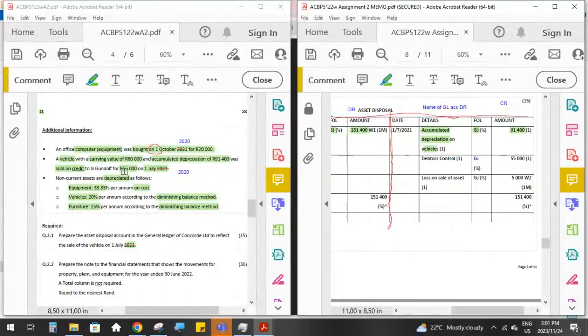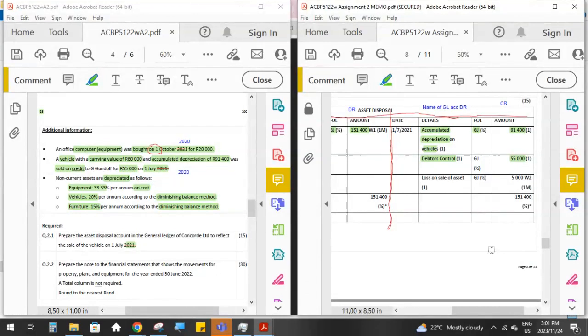So if we sold it for cash, we would debit bank account and credit asset disposal of 55,000, but we sold this on credit, so we are going to debit debtors control, and credit asset disposal with the value that we will be receiving, the sales value for the sale of the vehicle.